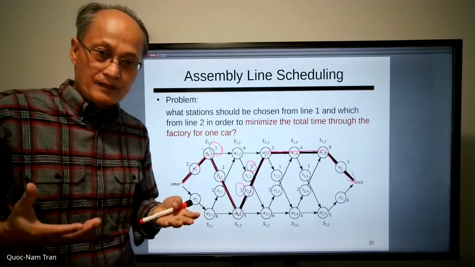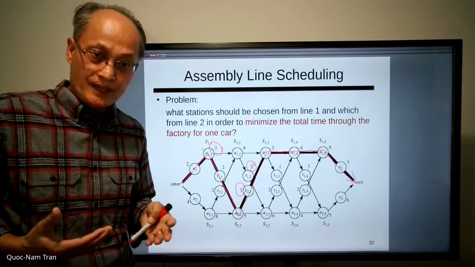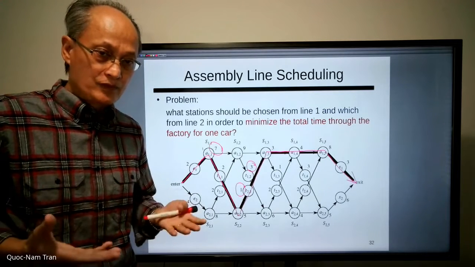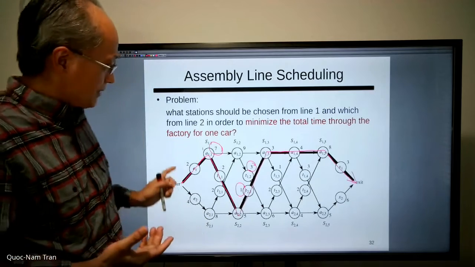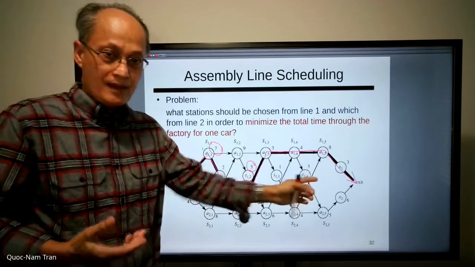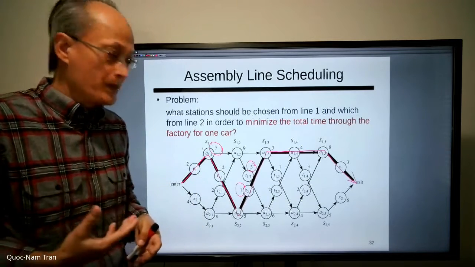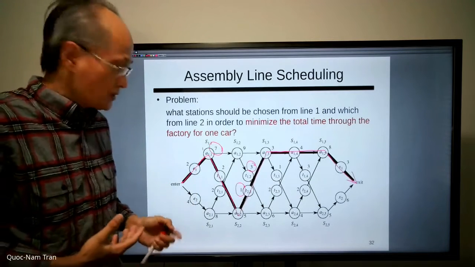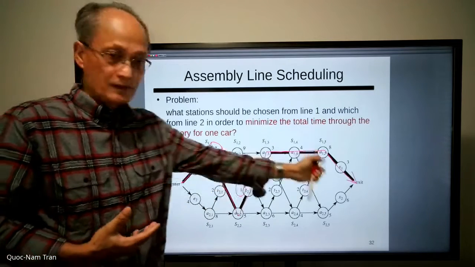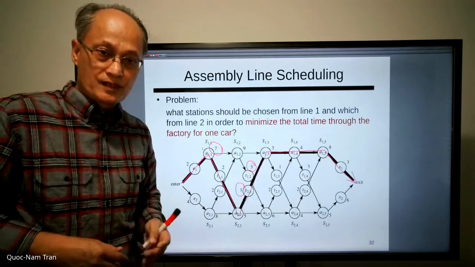First, we think about the exhaustive search, okay? I'll give you 2 minutes to think about the problem and one solution for helping the car producers to find out the best way to finish a car.